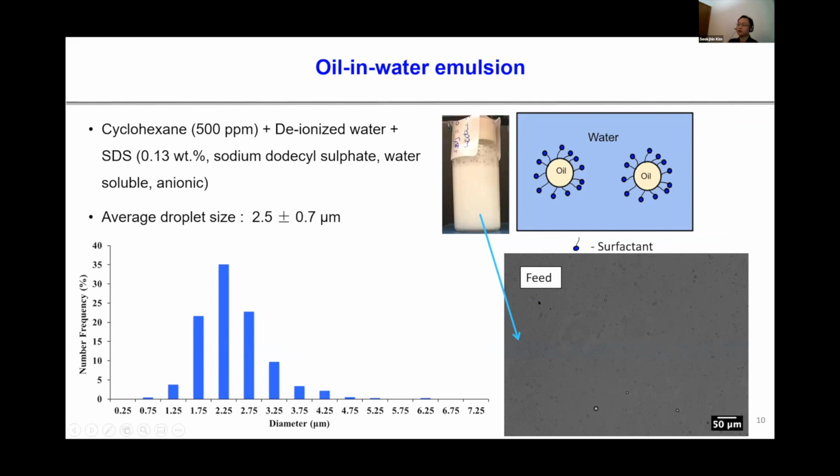This oil in water emulsion consisted of 500 ppm of cyclohexane and 0.13 weight% of SDS. Then we ran a bottle test and found there is no phase separation of the emulsion at investigated temperatures. So this milky emulsion was stable.